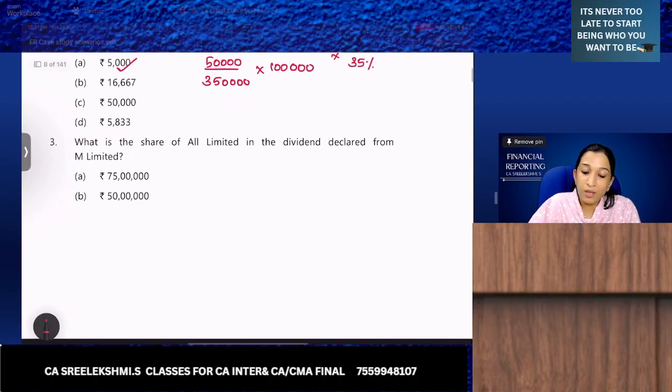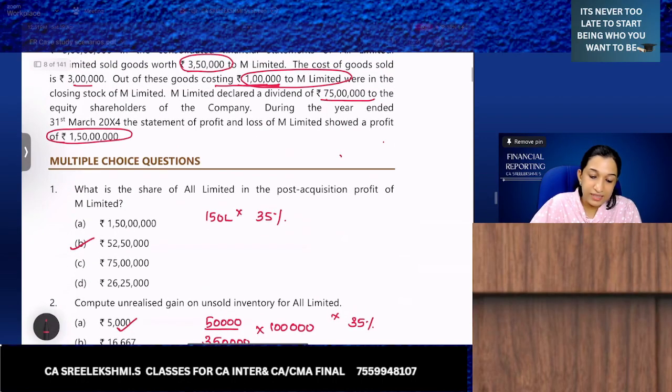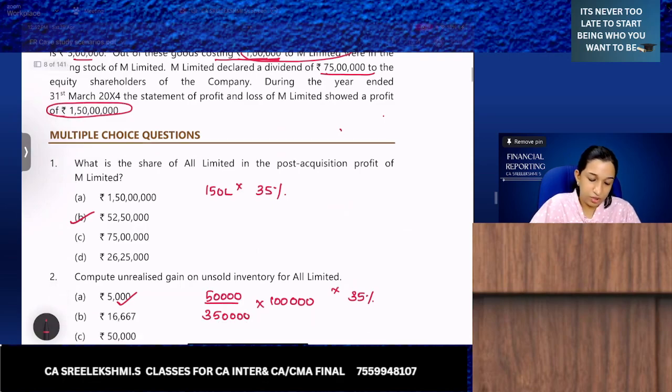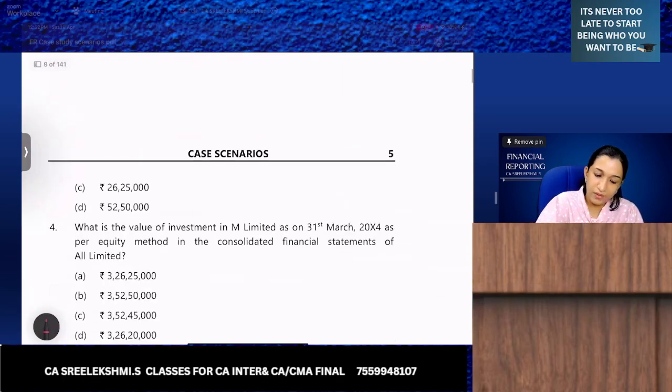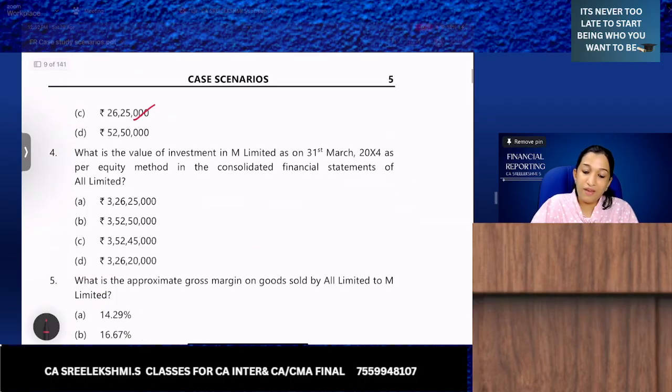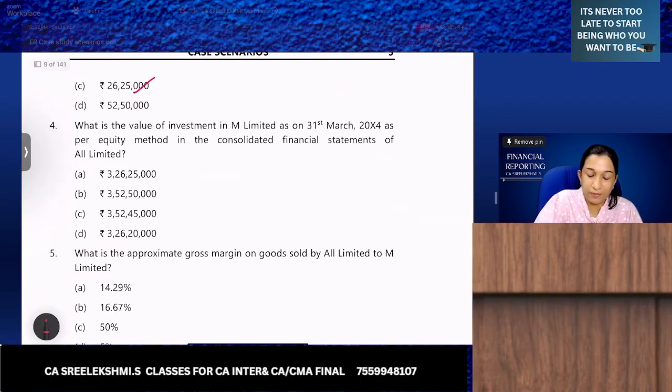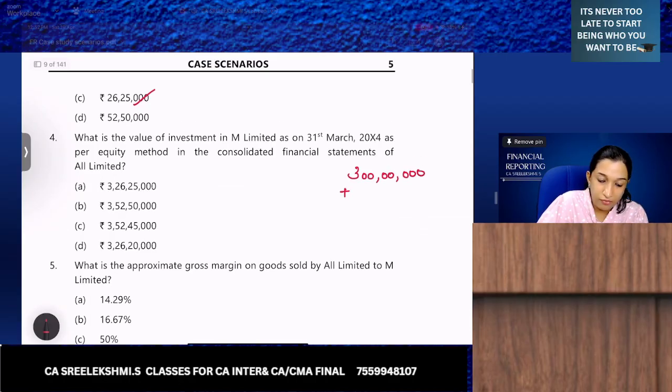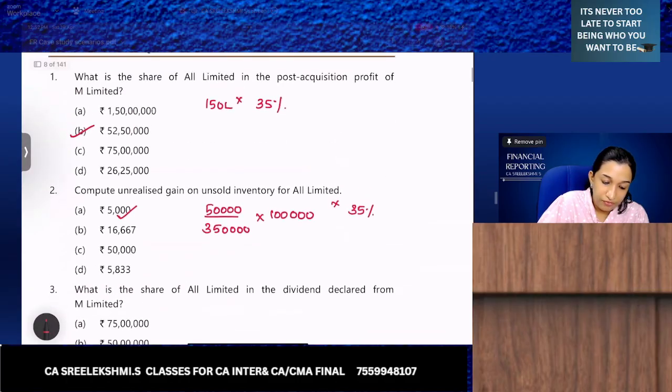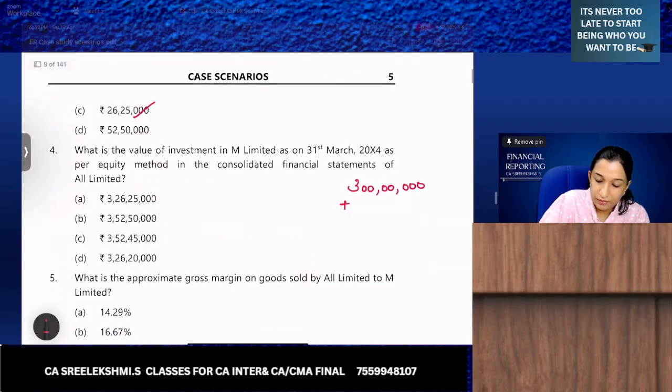What is the share of A Limited in the dividend declared? Dividend declared is 75 lakhs. Of course, 75 lakhs into 35%, 26 lakh 25,000. What is the value of investment as per equity method? So it is 300 lakhs plus we added a share of 52 lakh 50,000.